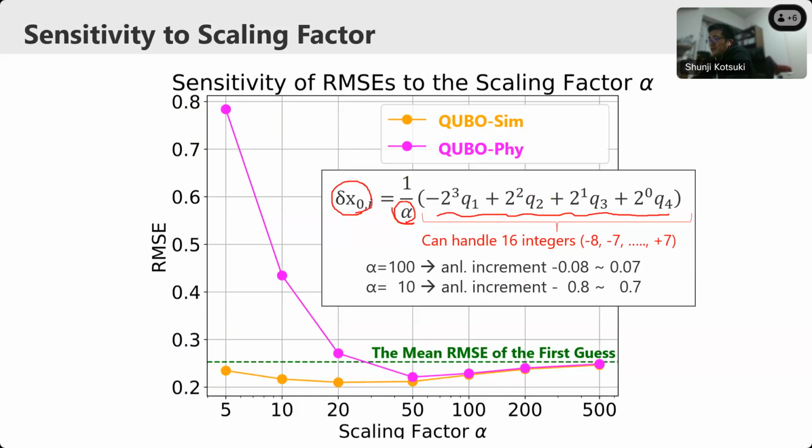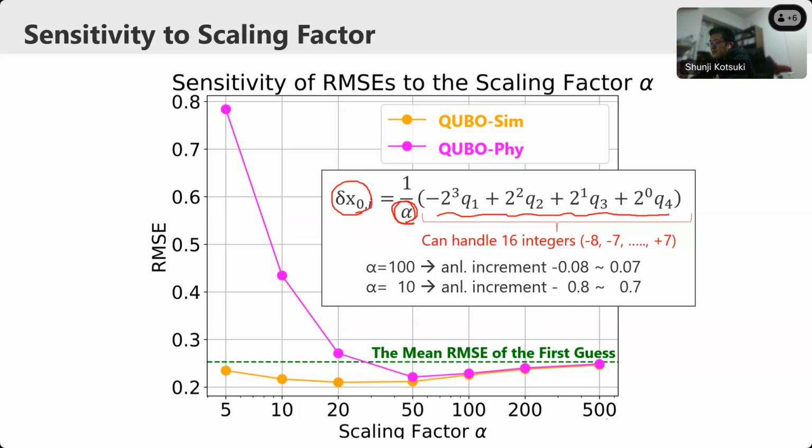In the case of alpha is 100, the analysis increment ranges from -0.08 to 0.07. In the case of alpha is 10, the analysis increment ranges from -0.8 to 0.7. And so we investigated the sensitivity to this scaling factor for the root mean square error.